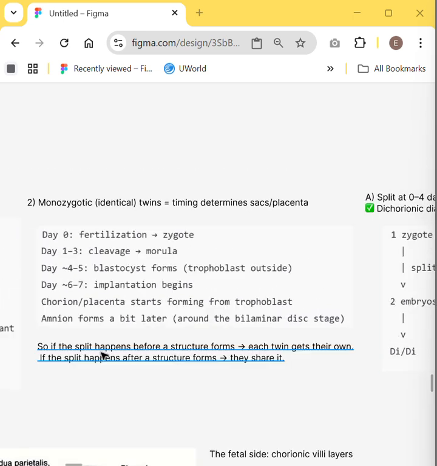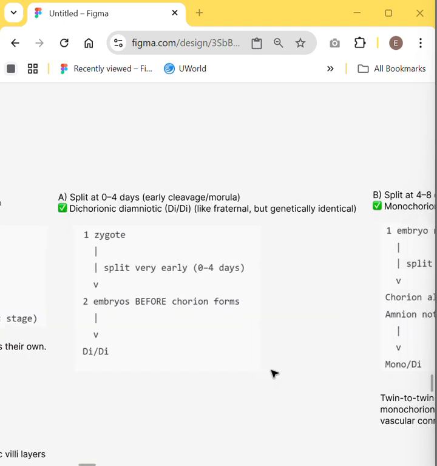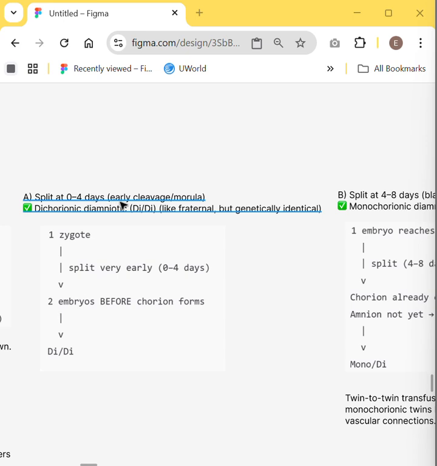Now, if the split happens before a structure forms, each twin gets their own. And if the split happens after a structure forms, the twins have to share it. Now, a split at 0 to 4 days is basically the time when the early cleavage or morula is forming. So you get dichorionic, diamniotic, like fraternal, but genetically identical.